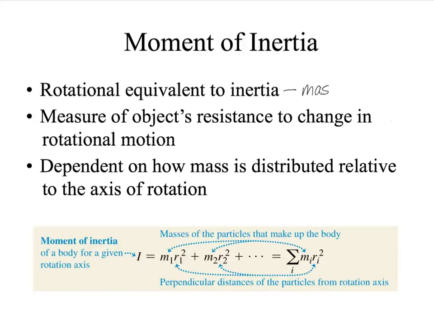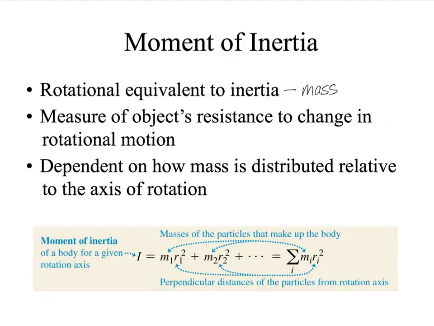Remember that the way that we quantify inertia, an object's resistance to its change in linear motion, is by the mass. So the moment of inertia, like I said, is the rotational equivalent. It's the measure of an object's resistance to a change in its rotational motion.